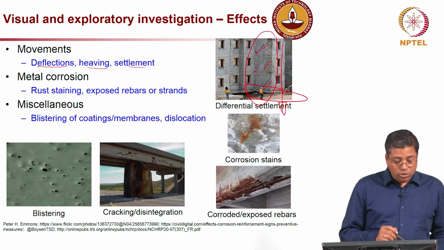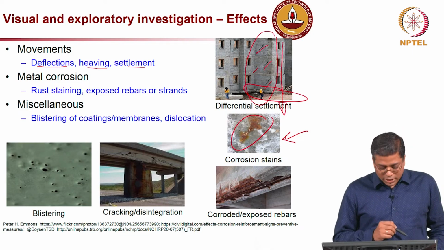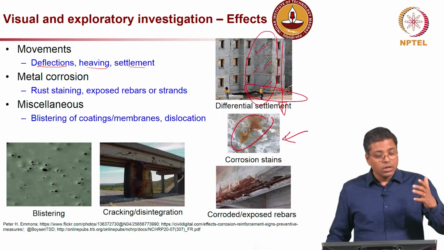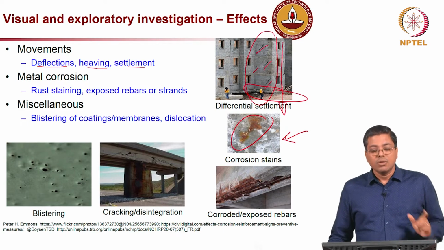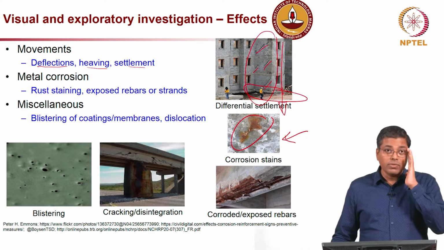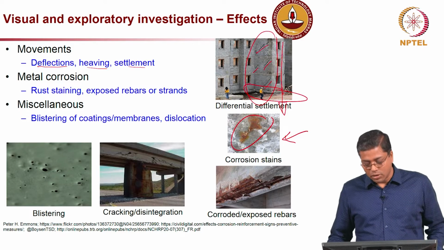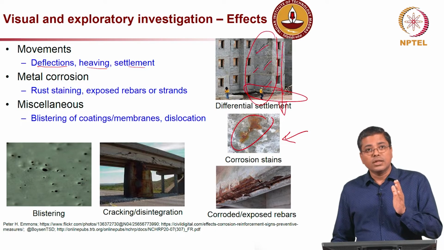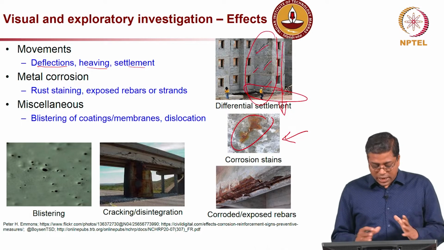And then metal corrosion, rust staining: as the picture shows here, you can see that there are brown stains which are a very good indicator for detecting corrosion or to confirm that corrosion is happening inside. But I must say one thing here, when we are talking about pre-stressed concrete structures, we will have a separate lecture on that.